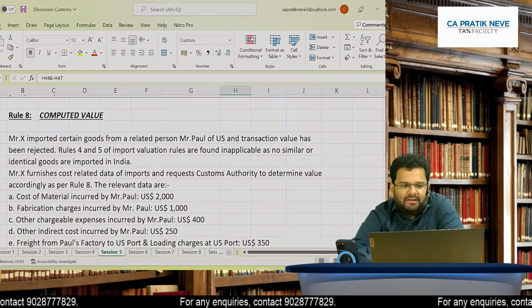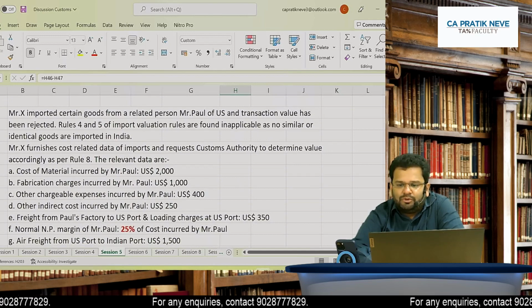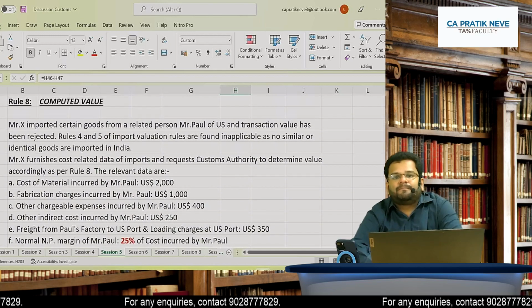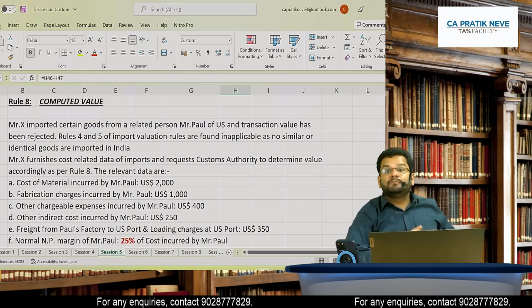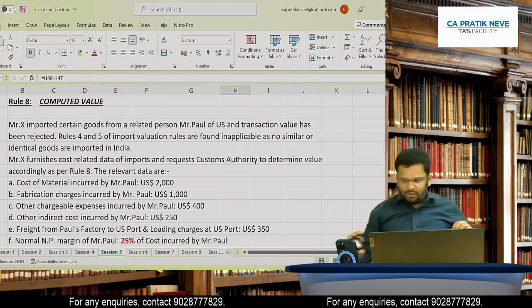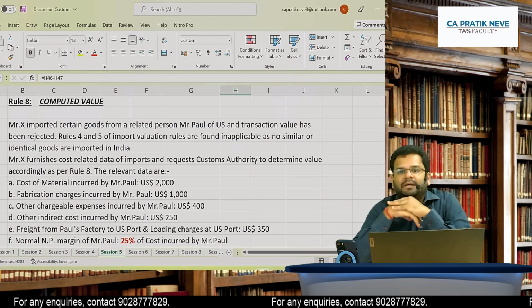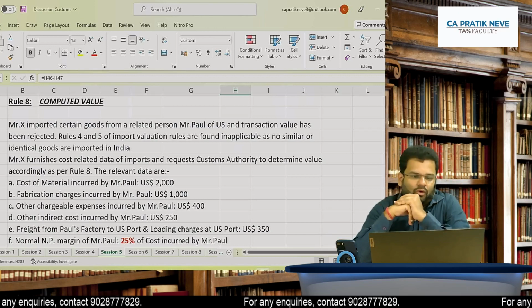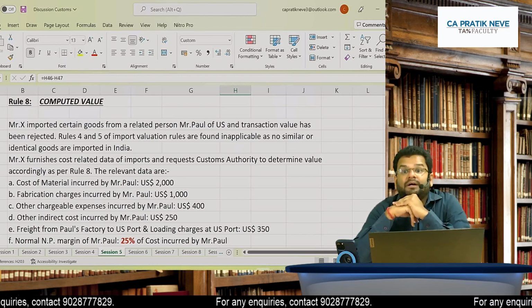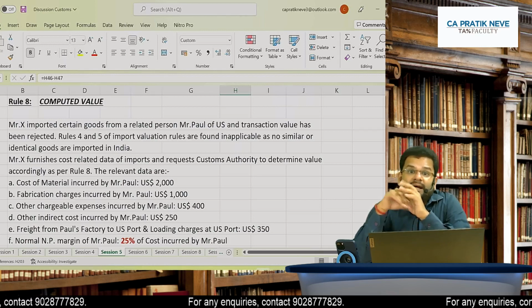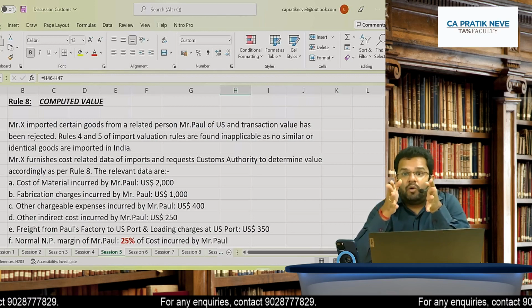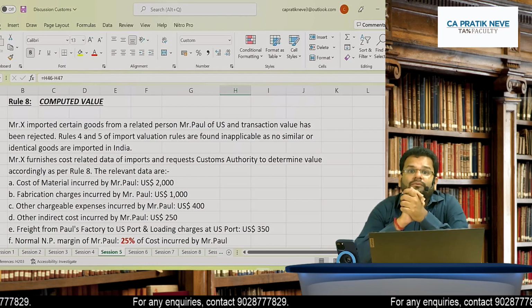And finally, going to computed value. Okay. In computed value, what happens? What happened in deductive value?